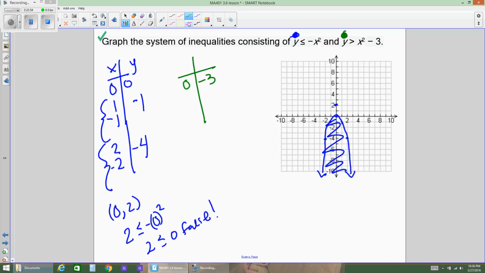Okay, switching to our green function, y is greater than or equal to x squared minus 3. I saw immediately that the vertex was 0, negative 3. And that means 1 and negative 1 are the points on either side. And 2 and negative 2. And now I need to plug them in.